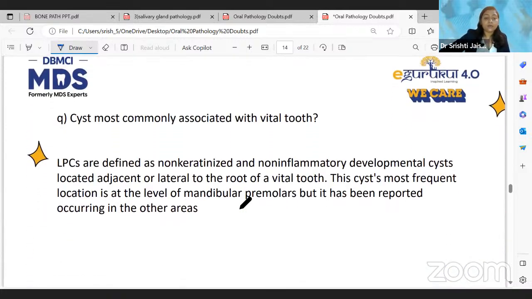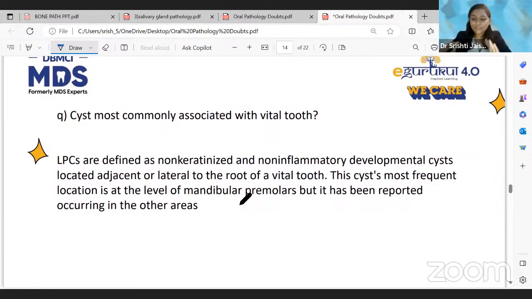Now, this question was discussed by me in the Telegram group, and I'm very happy to announce that this question was asked in the November INI paper. I had clearly mentioned which cyst is most commonly associated with a vital tooth.